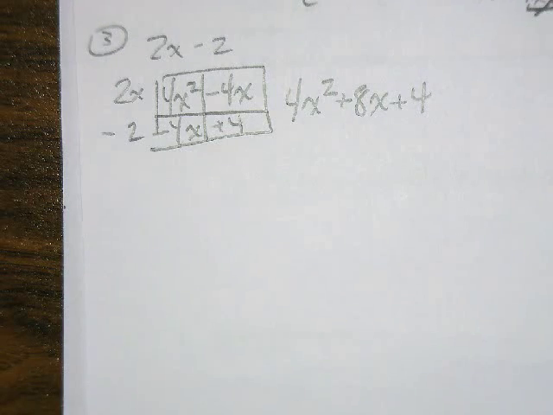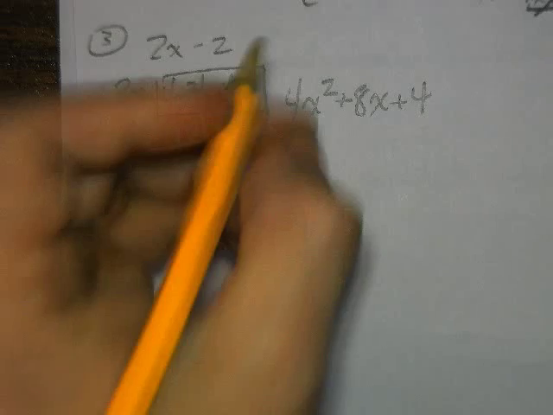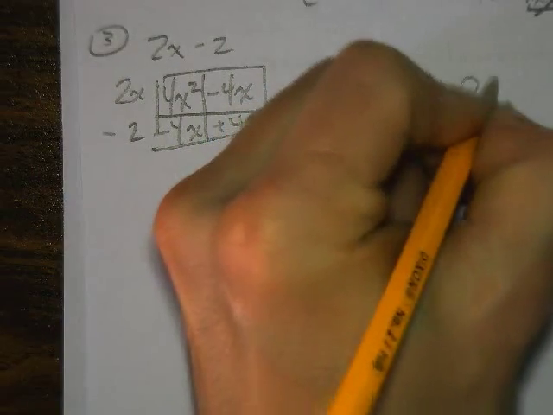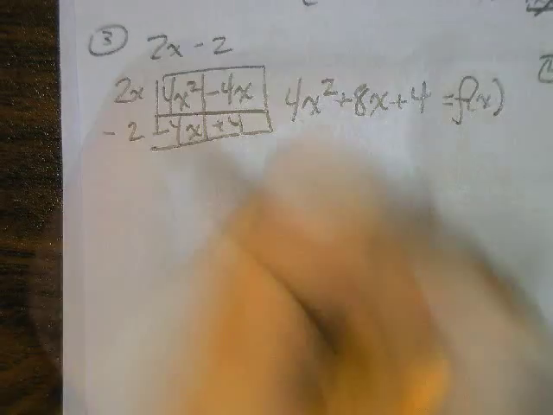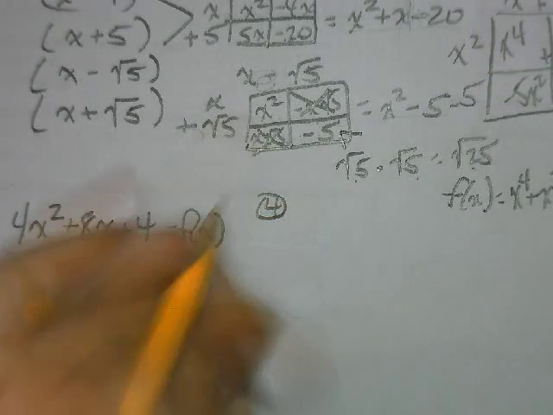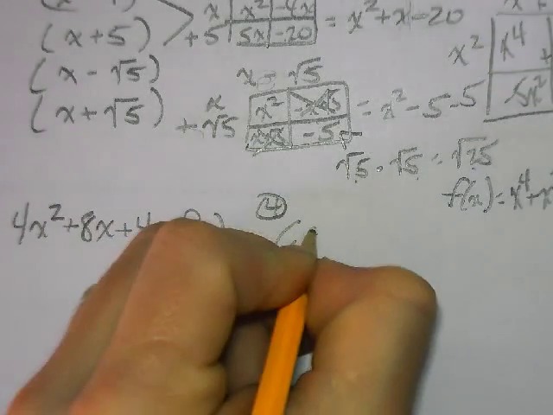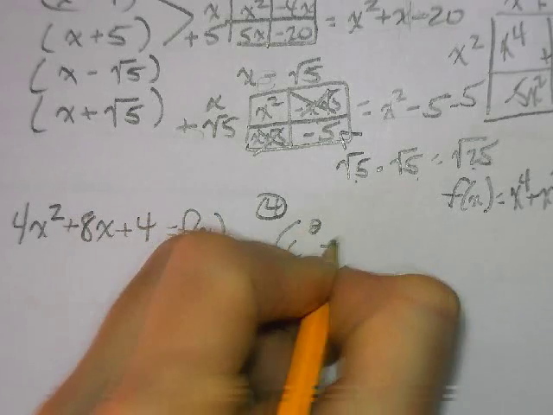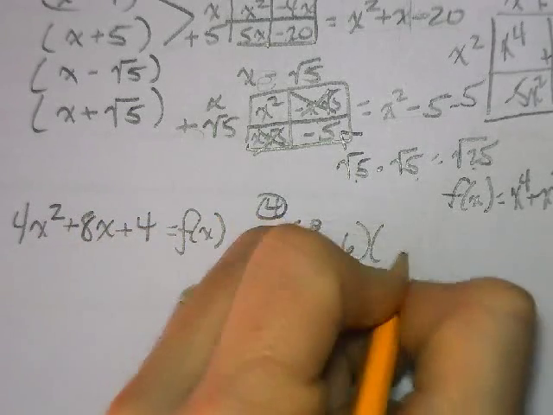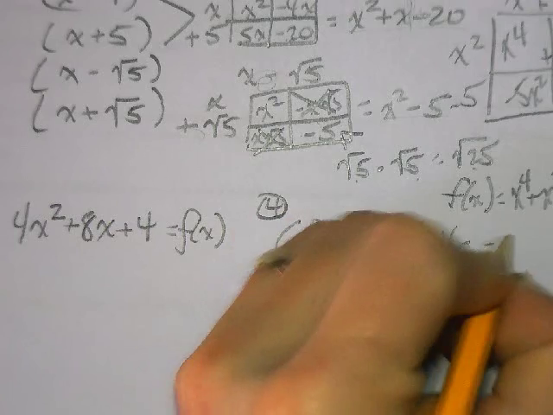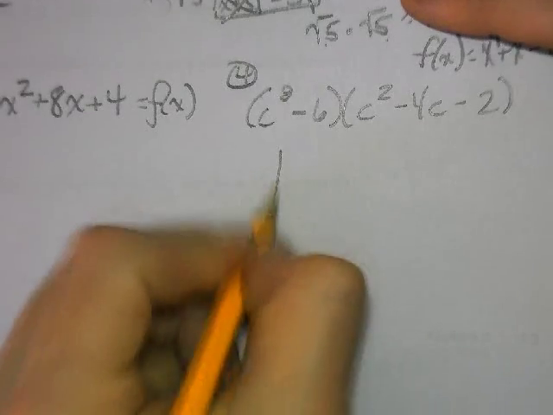Number 4, they asked me to multiply c to the 8th power minus 6. And we're going to multiply that by c squared minus 4c minus 2. Again, it's just a box method as well to multiply. So c squared minus 4c minus 2 multiplied by c to the 8 minus 6.